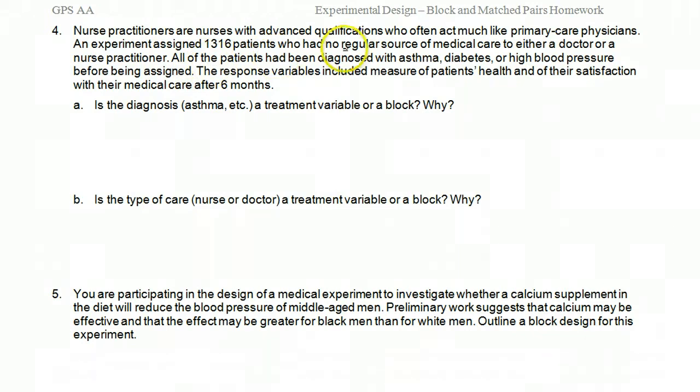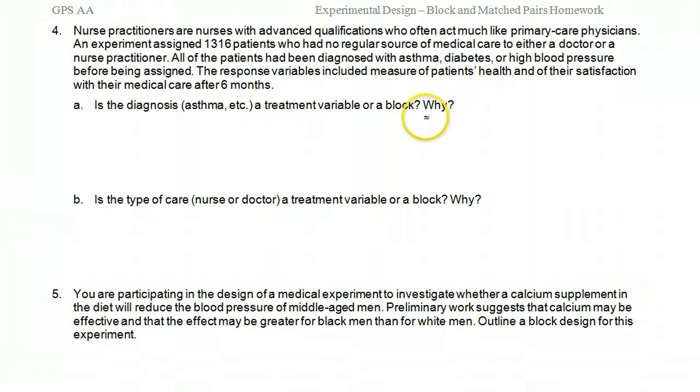All of these patients had been diagnosed with asthma, diabetes, or high blood pressure before being assigned. The response variables included measures of patients' health and their satisfaction with their medical care after 6 months. Is the diagnosis, asthma, etc., a treatment variable or a block?